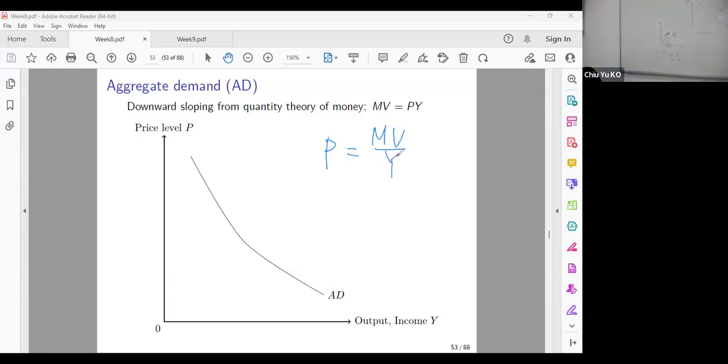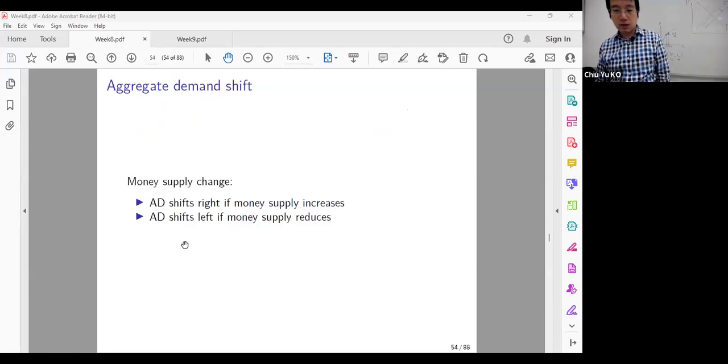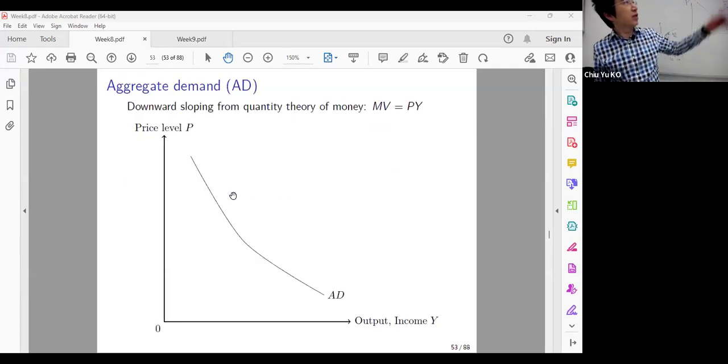Just make P the subject. Fair? Right? So if your M goes up, what happens? Your curve shifts to the right-hand side. M goes down, shift to the left-hand side. So money will shift this AD curve, because M equals PY.